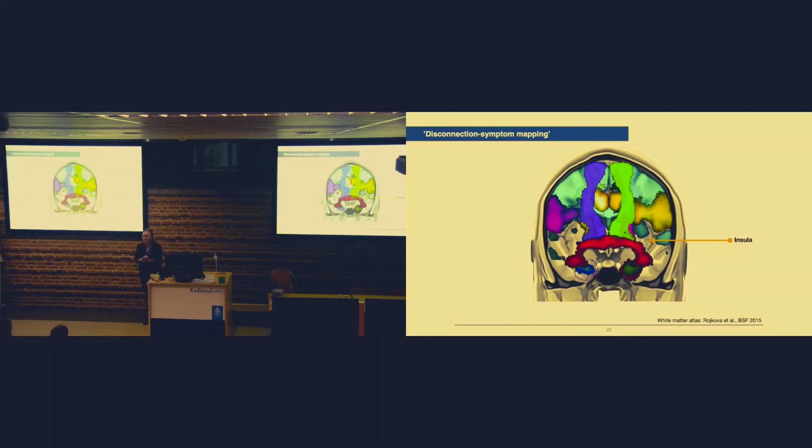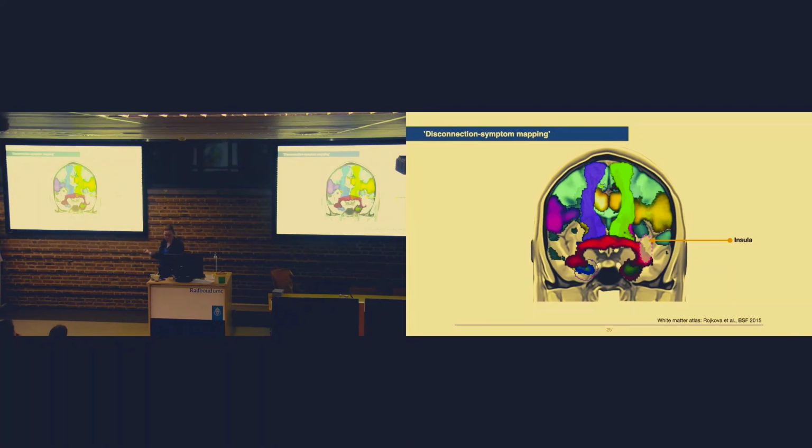In clinical notes, you can often read that a patient had a lesion to the insular cortex. Now, that can mean many different things. If a lesion in the insular cortex, for example, extends ventrally towards the temporal lobe, you might now disconnect connections that are important for visual processing. So in this case, the patient would present with a hemianopia or visual agnosia, for example.